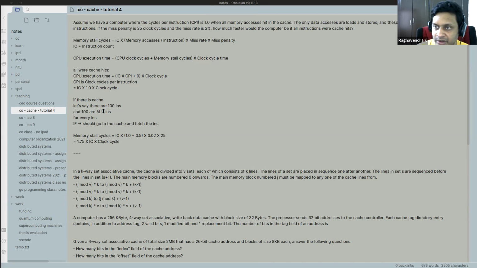In your simulator, I had given you the option to have the instruction fetch as if it's always a cache hit, but that need not always be true. You have to fetch the instruction from the cache, and the cache itself has some miss rate. It's not that, let's say I have 1 billion instructions, that all these instructions will fit in the cache. Is this okay?